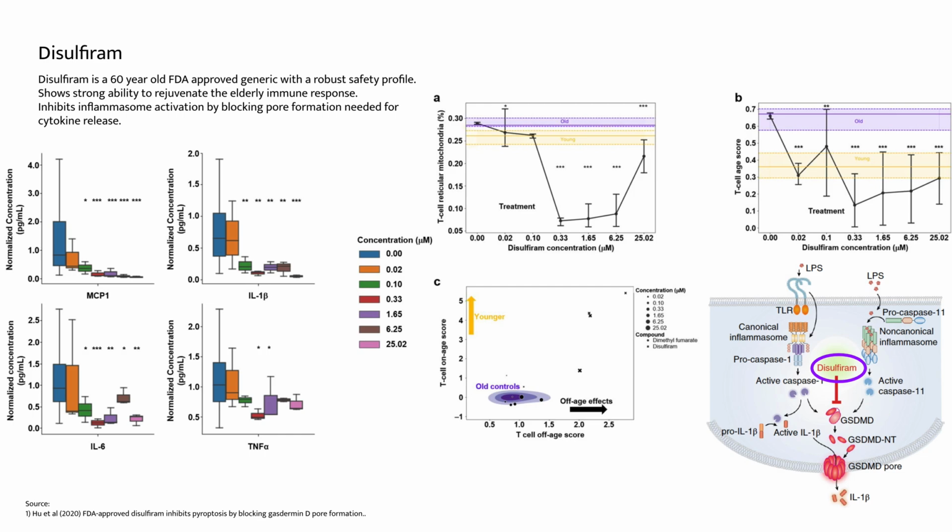We hypothesized that these results could be driven by disulfiram's recently discovered ability to inhibit the terminal step of inflammasome activation by blocking gasdermin D. Blockage of gasdermin D not only prevents cytokine release, but it also prevents netosis by blocking the release of neutrophil extracellular traps.